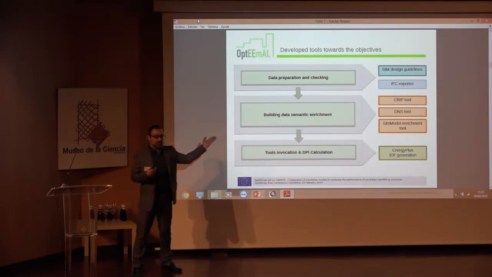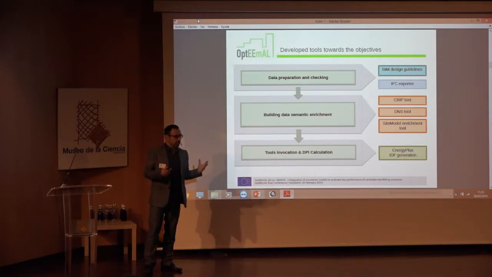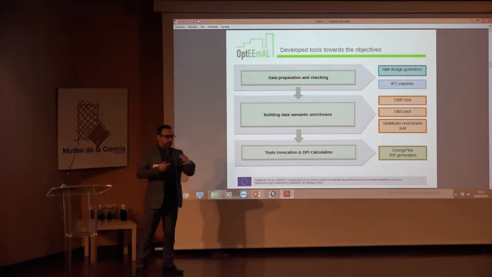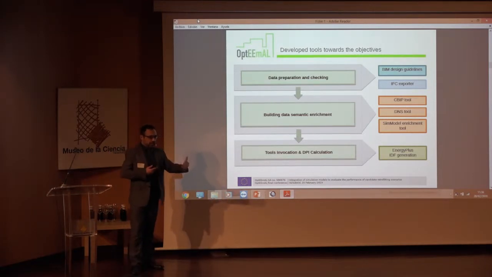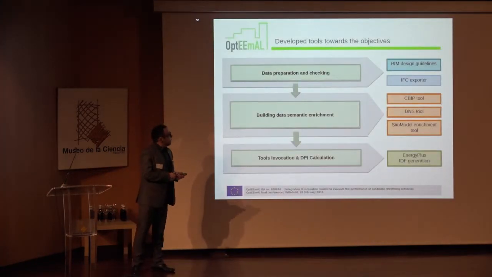We use IFC, as I forgot to mention, as our building data schema, and we do it because it's a domain agnostic schema, and also promotes interoperability among different disciplines.